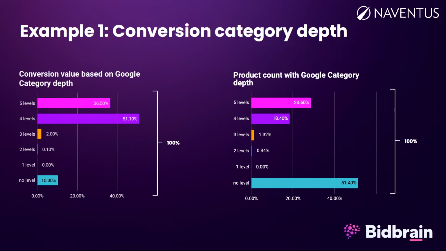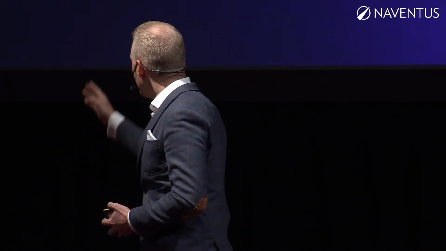Category levels is, for example, clothes, men, shirts, wool, and you see the different categories of a product. So 85% of the sales usually come from a product that has 4 or 5 different category levels. But only 10% come from those that don't have any description or category depth at all.